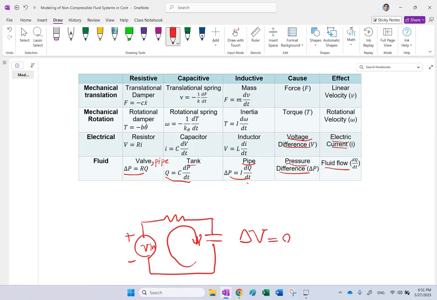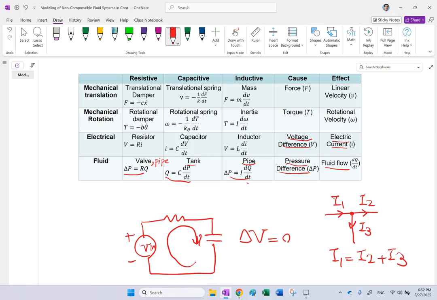The other one was, if you have any junction or node, the sum of the current going in equals the sum of the current going out. So if I1 is going in and I2 and I3 are going out, then I1 should be equal to I2 plus I3.